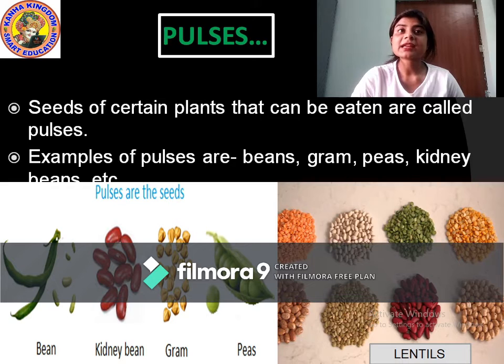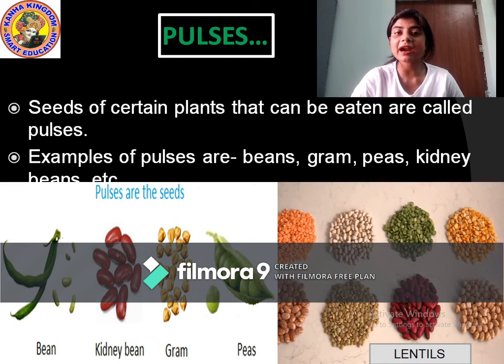Can you see? Seeds of certain plants that can be eaten are called pulses. Those are the seeds of the plant. Understood? For example, beans, gram, peas, kidney beans, etc.